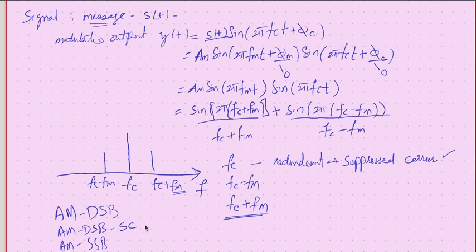Then again, the carrier is unnecessarily wasting our energy. So to reduce the power, we can suppress the carrier. So different schemes are available for transmitting the amplitude modulated signal.